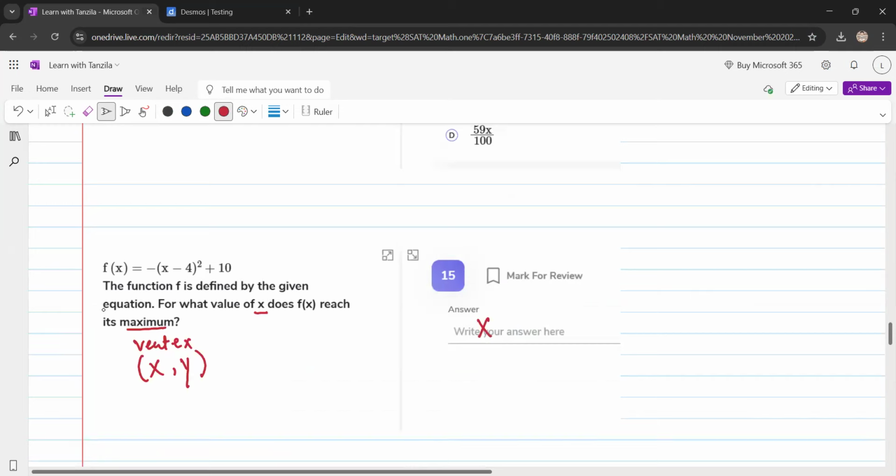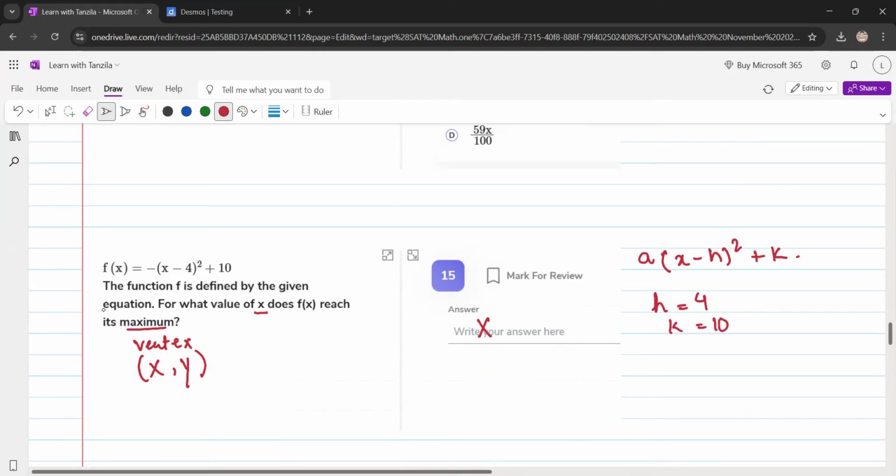So this is the vertex form of the quadratic equation. If you don't understand the equation, you don't know vertex form, go to Desmos, solve it there. But I will use vertex form. In my vertex form, I have a times x minus h whole squared plus k. If I compare it, then my h is equal to 4 and my k is 10.